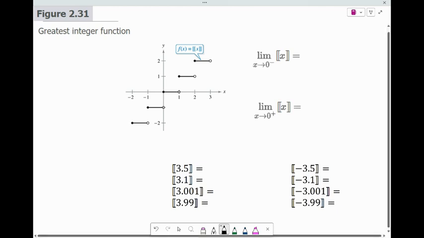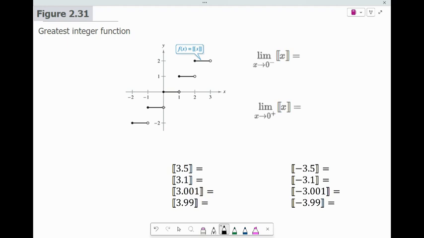A function that gets used quite a bit in computer science, but also has some applications in math, is what's called the greatest integer function. It can also be considered the floor function. What it does is it gives you the greatest integer that is less than or equal to u.